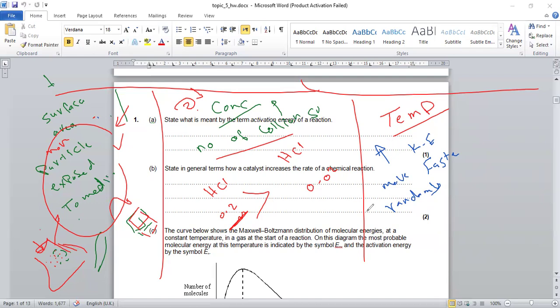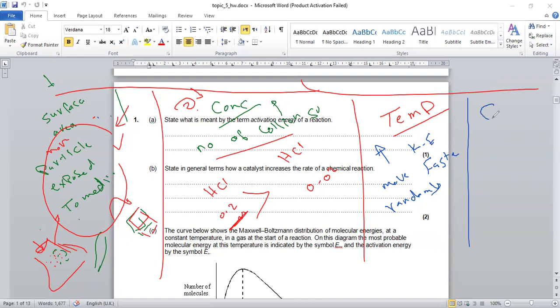The only factor which gives a stronger collision is temperature. It increases the frequency of collisions and also increases the strength of collision. So it always increases the rate of chemical reaction.